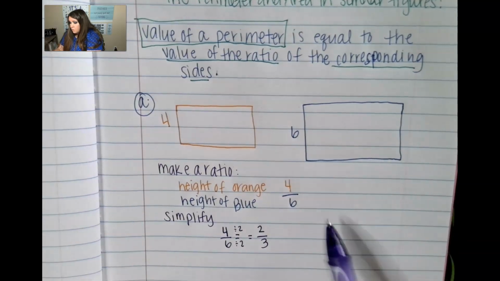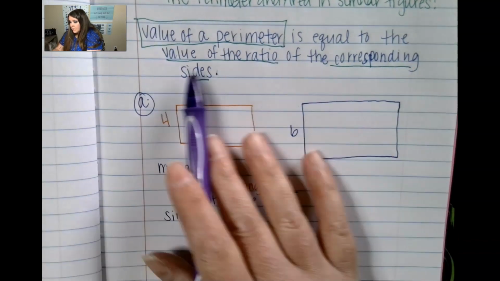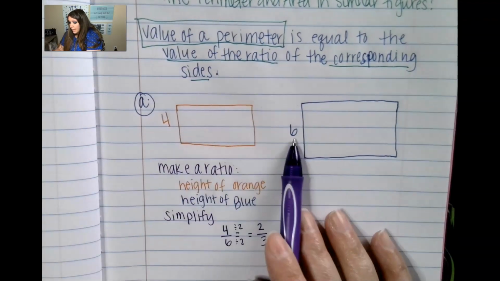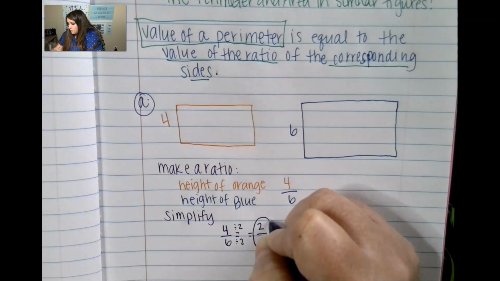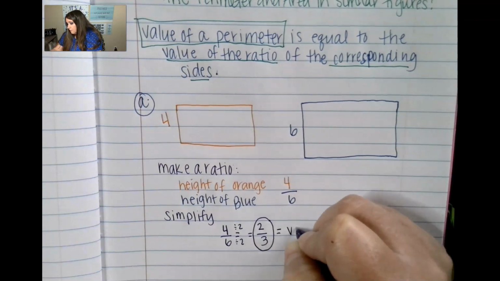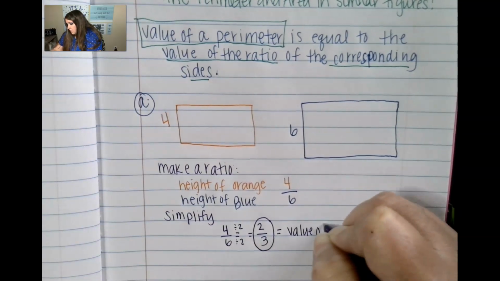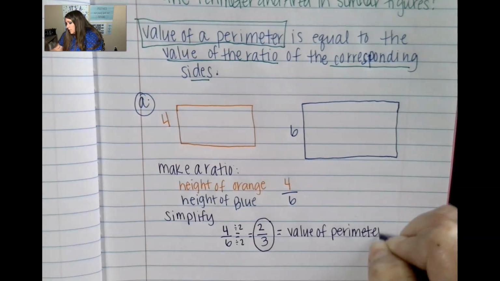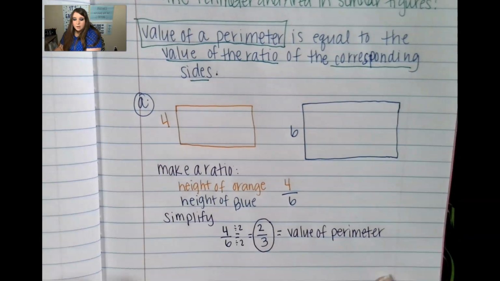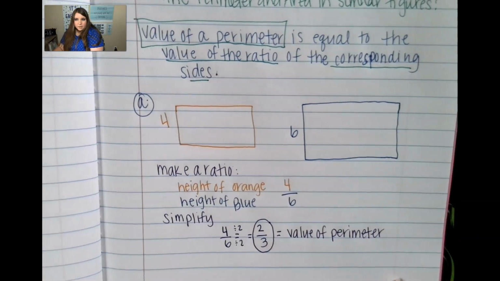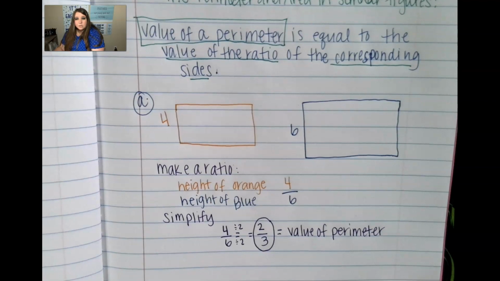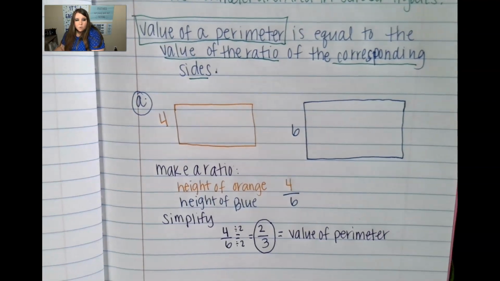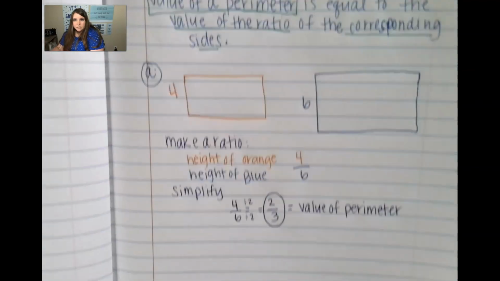So the value of the perimeter that's equal to the value of each side is 2 over 3. So that's going to equal the value of perimeter. So you're just making equivalent ratios, making proportions using the same multiplier or divisor.